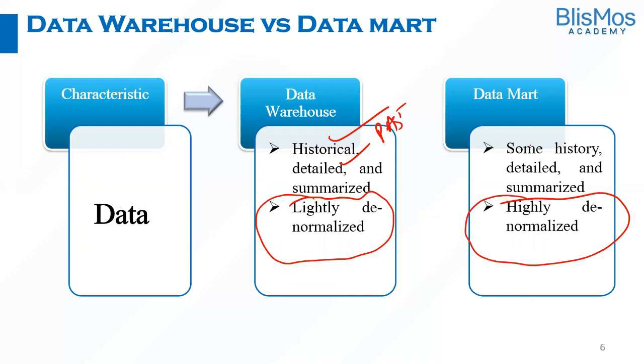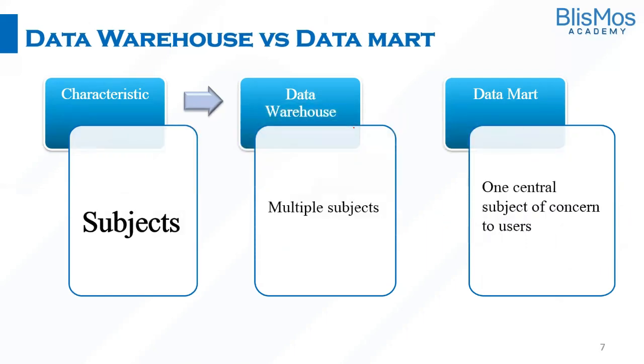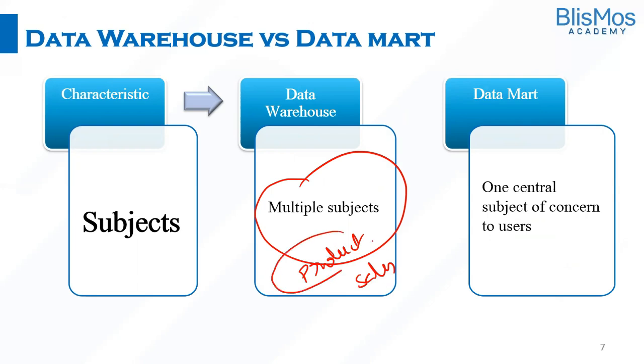And the data mart has less history as compared to the data warehouse, and it is less detailed as compared to the data warehouse. In terms of subjects, the data warehouse will have multiple subjects, as we already discussed, like product, sales, accounts. But a data mart will take one of those and we'll make a data mart out of it. It's like one central subject of interest for the users.